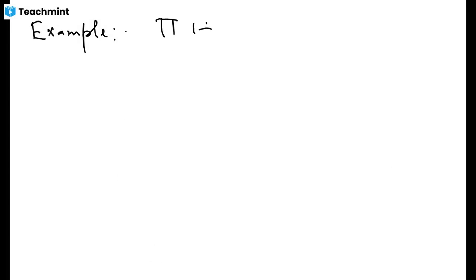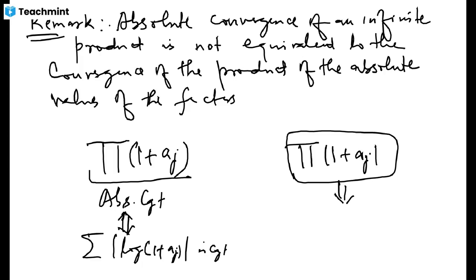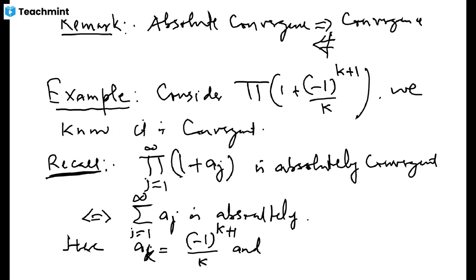The product of (1 + i/k). So you can see in any way whether this is convergent, or absolutely convergent or not. One of the things that you might use is again the result that I stated here, that this product is absolutely convergent if the series of a_j is absolutely convergent, but this is not absolutely convergent.